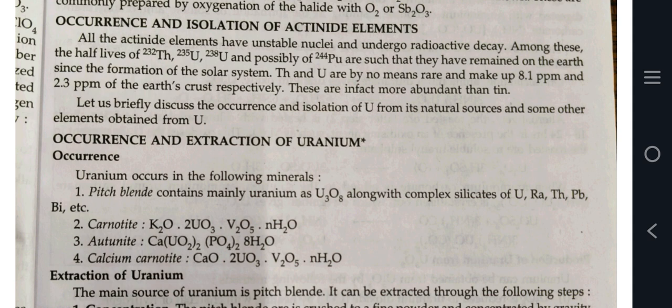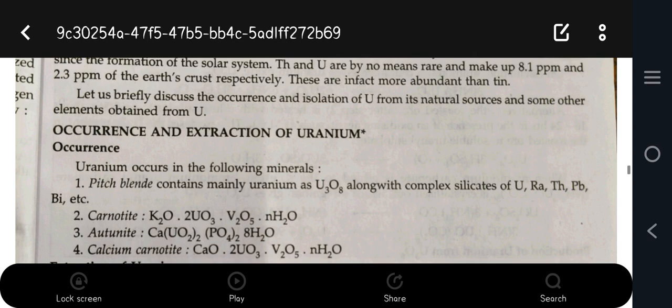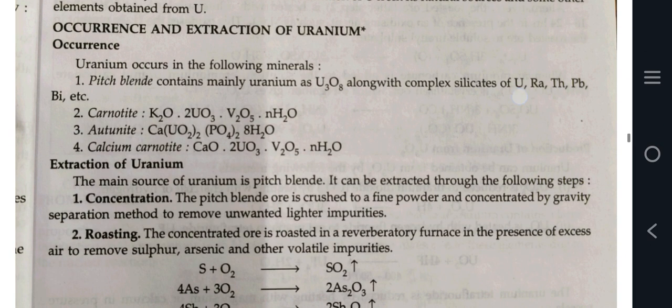First, pitchblende contains mainly uranium as U3O8 along with complex silicates of uranium, radium, thallium, thorium, lead, bismuth, etc. Second, carnotite, K2O·2UO3·V2O5·nH2O. Third, autunite, Ca(UO2)2(PO4)2·8H2O. Fourth, calcium carnotite, CaO·2UO3·V2O5·nH2O.